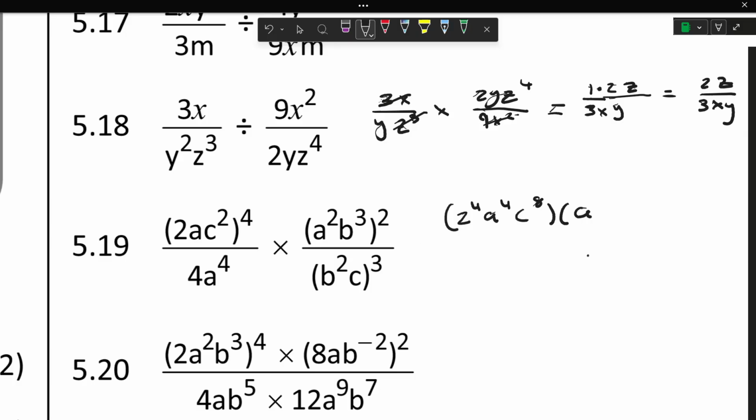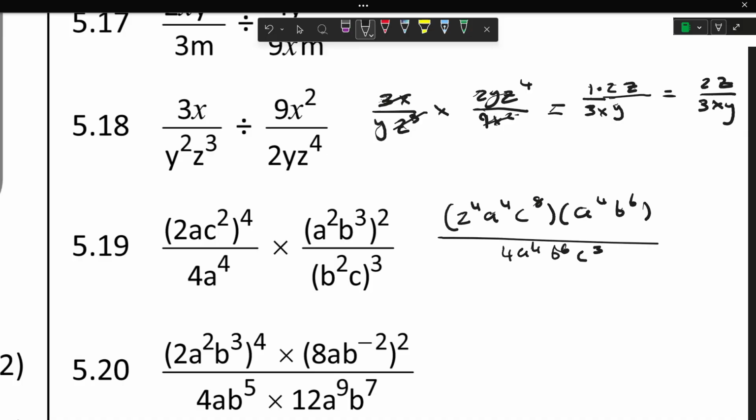So that'll be a to the 4, b to the 6 over 4a to the 4, b to the 6, c to the 3. Cool.